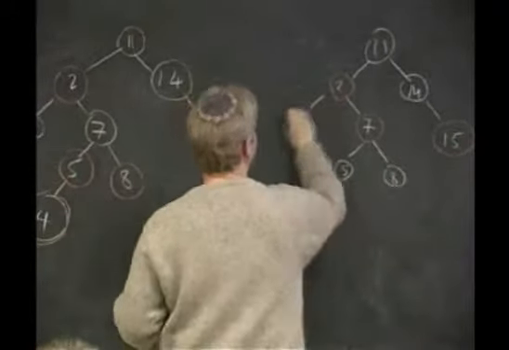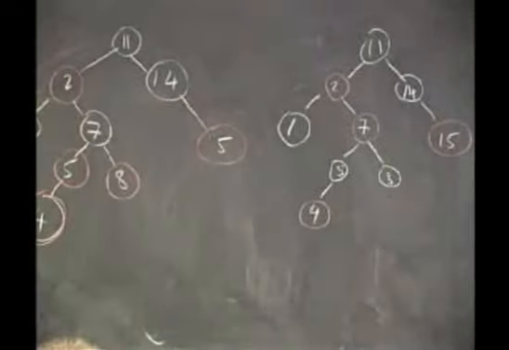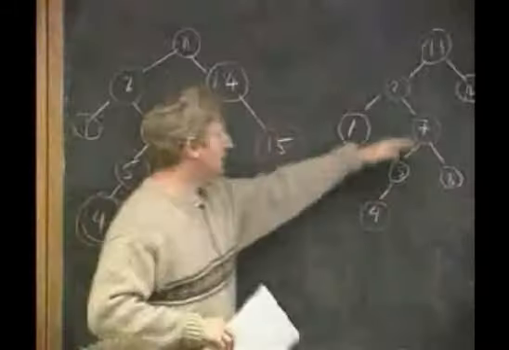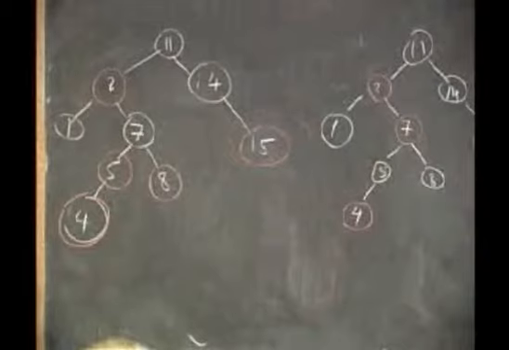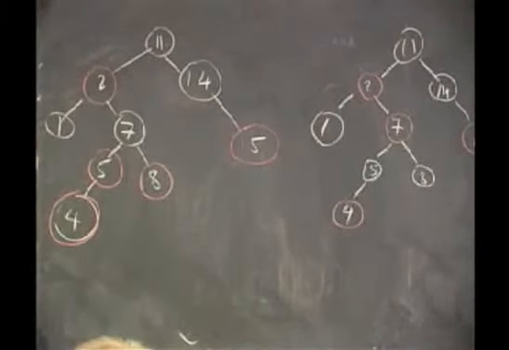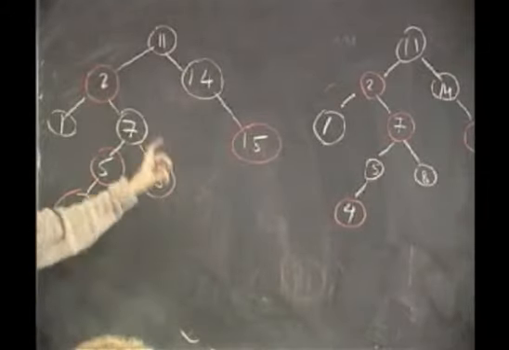And 1's black. That's what it looks like right now. As we've discussed before, when the uncle's red, this is perfect. It keeps the distances even, and it moves the red-red clash up 2 levels. And now we are ready to repeat. We're in the while loop. We're doing it all again.